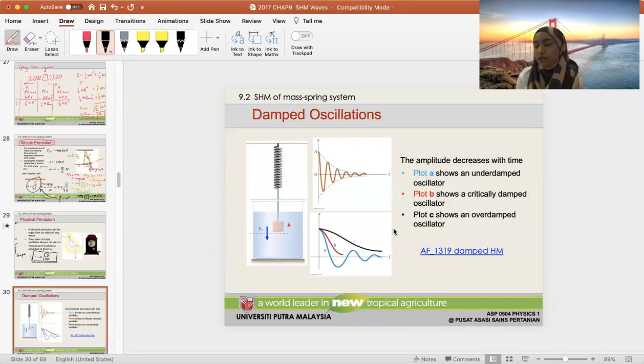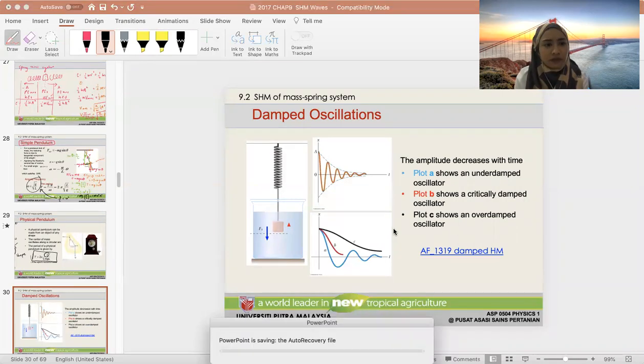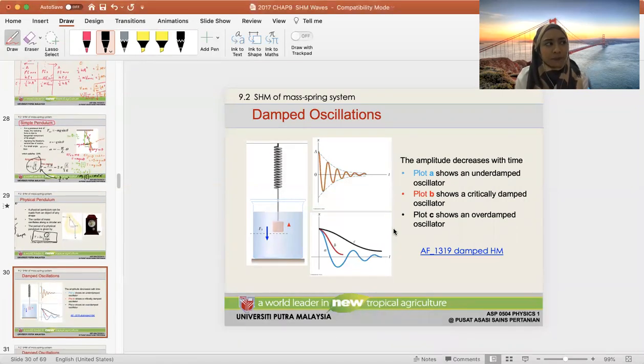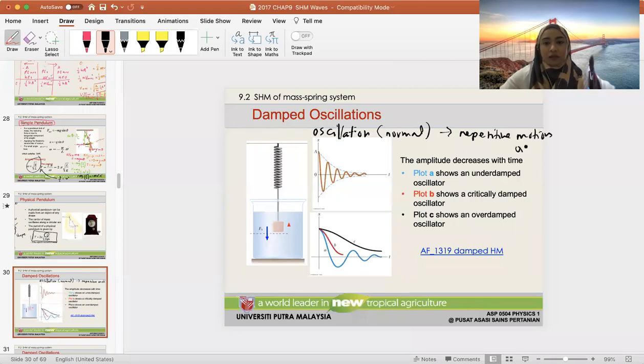All right, so damped oscillation. Have we covered this before? Okay, so damped oscillation. What is the difference compared to a normal oscillation? A normal oscillation has repetitive motion over the same path.